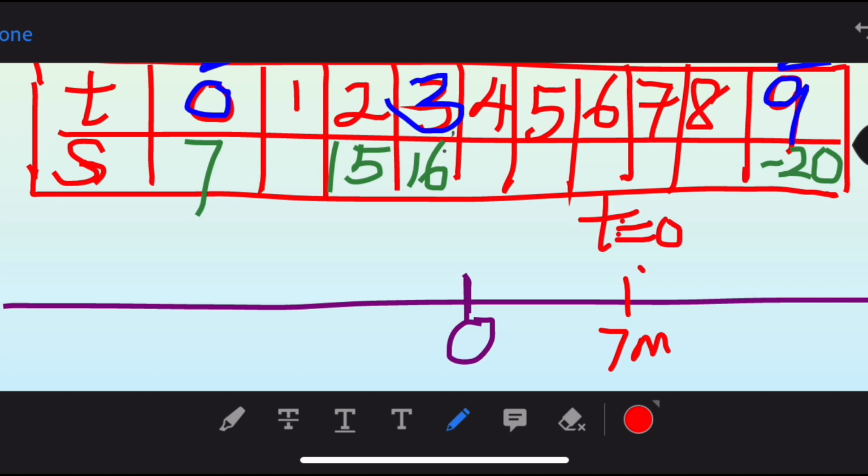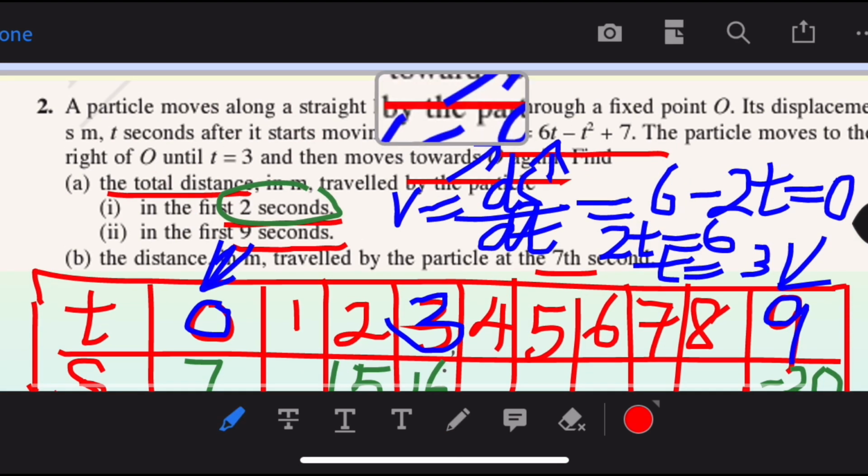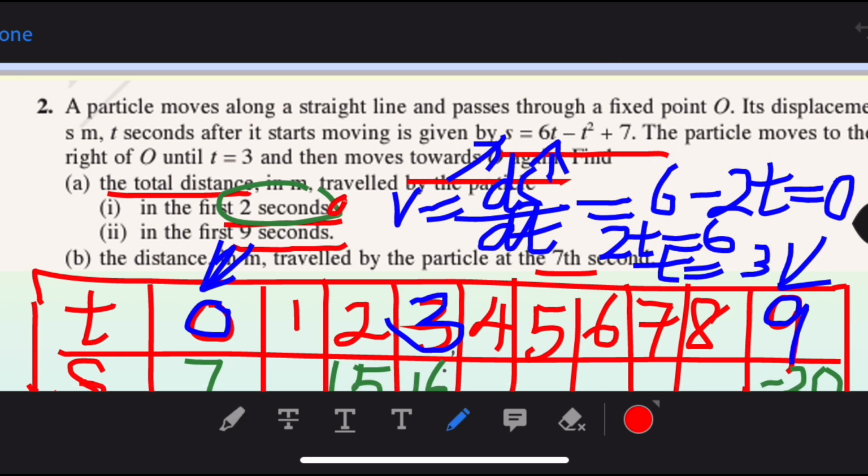So this one you must be clear. The particle is here already. Then when t equal to 2, it goes to 15. So the question is asking for this distance, and the answer is just 8 meter. So the answer for A is 8 meter, because in the first 2 seconds it just travels 8 meter.